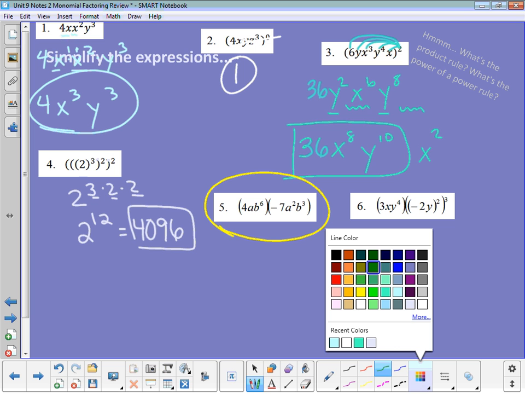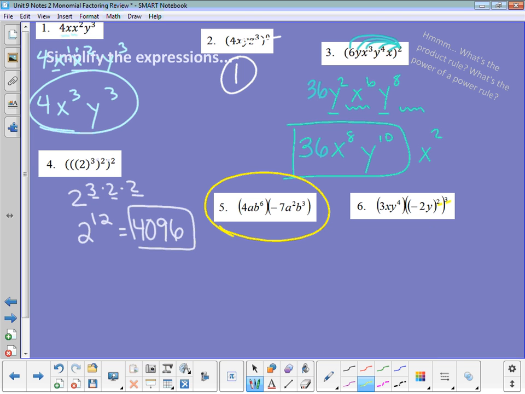The first one is I need to multiply the powers over here. I have this raised to the second and raised to the third. So I'm not going to do anything with the first one yet. 3xy to the fourth, that term's just going to stay the same for now. Then the second set of parentheses, I'm going to multiply those 2 powers.